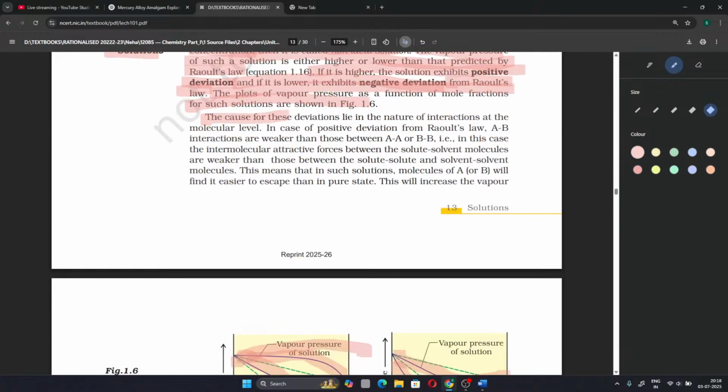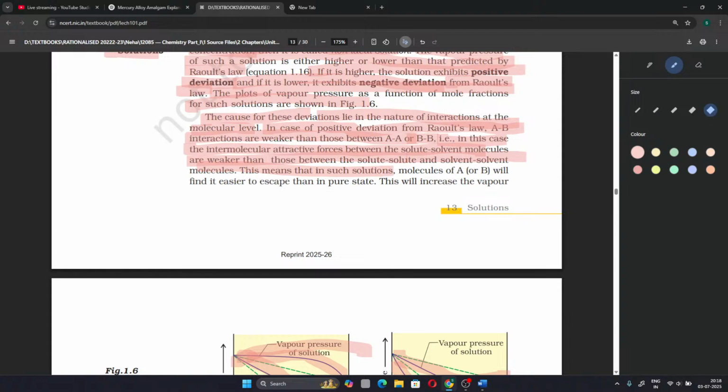The cause of these deviations lies in the nature of the interactions at the molecular level. In the case of positive deviation from Raoult's law, AB interactions are weaker than those of AA interactions or BB interactions. That is, the intermolecular attraction forces between solute and solvent molecules are weaker than those among solvent molecules.